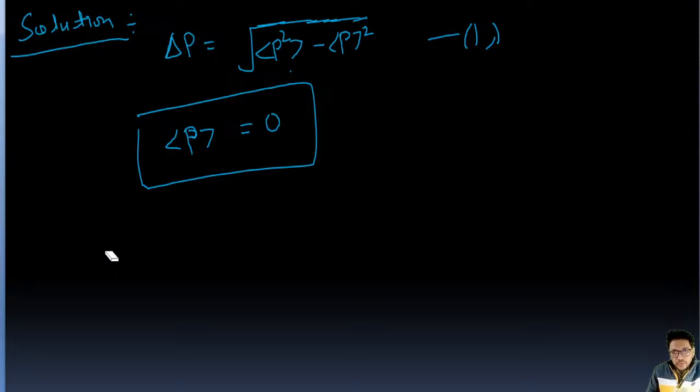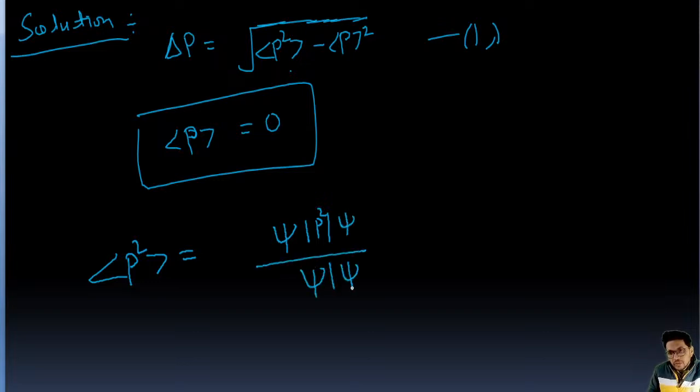So we are going to start. The expectation value of p square is psi p square psi upon psi into psi. This we know, right?